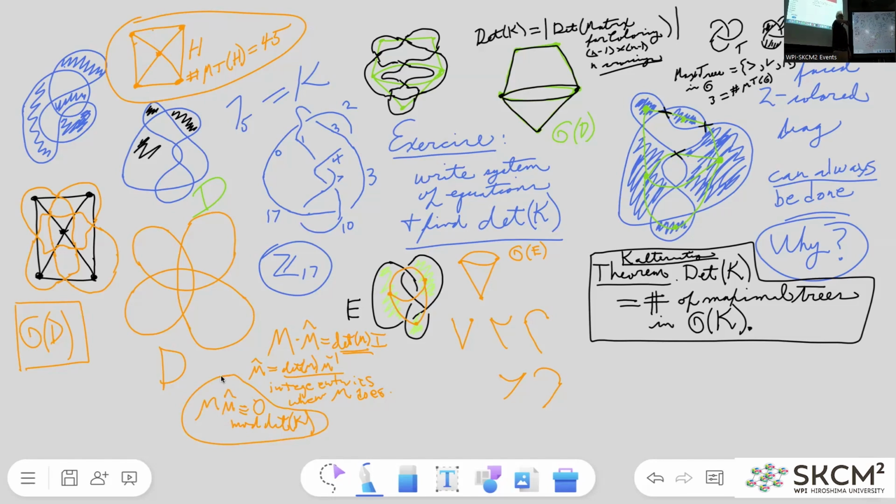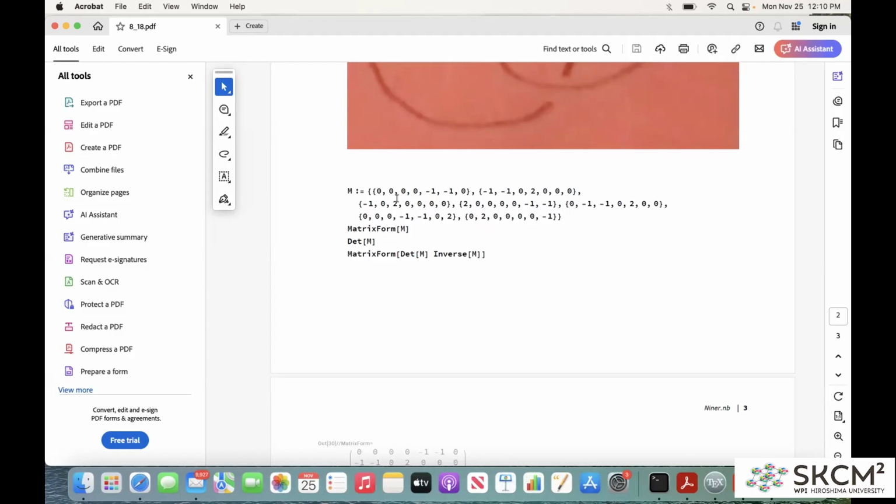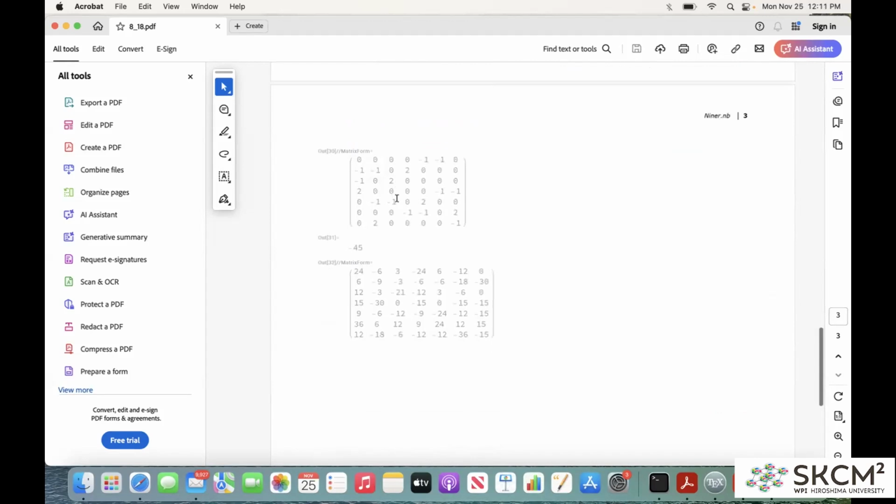Take a column, M times that column will be equal to 0, but M times that column is the equations applied to it. So all the equations applied to it will be zeroing out, and we will have a coloring of the knot. So I have asked the computer to do all that work for me instantly, and it gives me the adjacent matrix here.